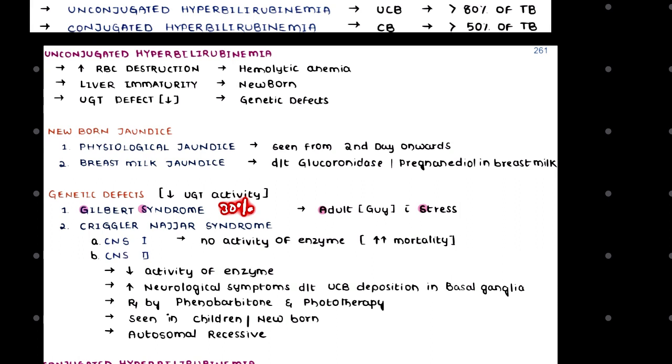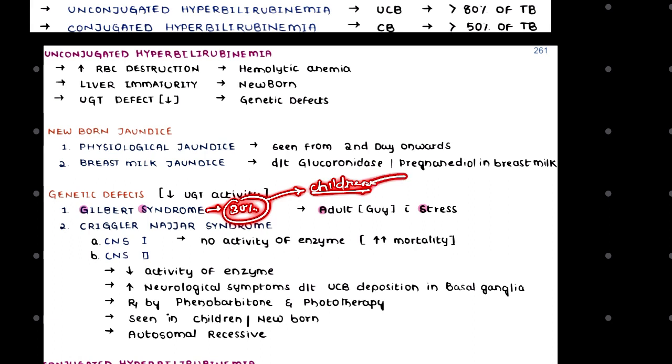So we say adults with common stress. Why are we not talking about children? Because in Gilbert syndrome the UGT working at 30% is enough for children to perform its function, so in children it is a symptomatic-free condition.